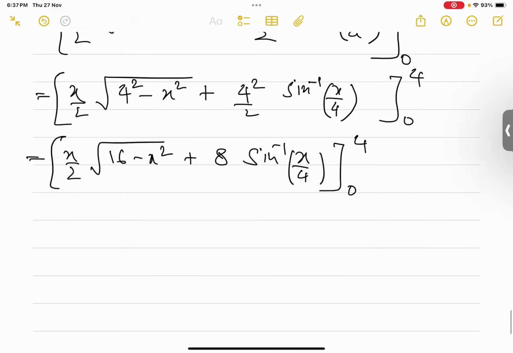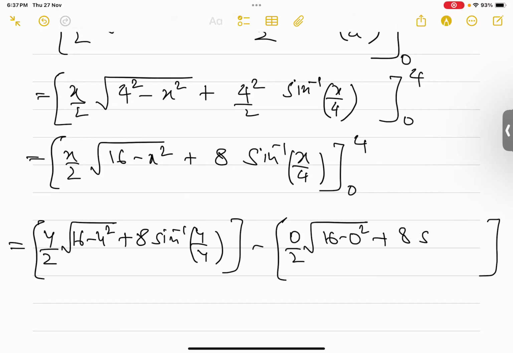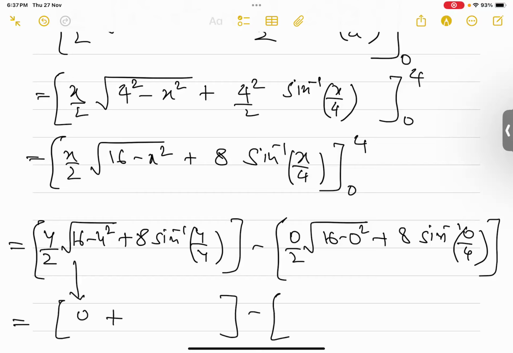Now box minus box. In place of x, put the upper limit. In place of x, put the lower limit. Now this you have to mug up. The first, third, and fourth terms are going to be 0. There are some reasons behind it.